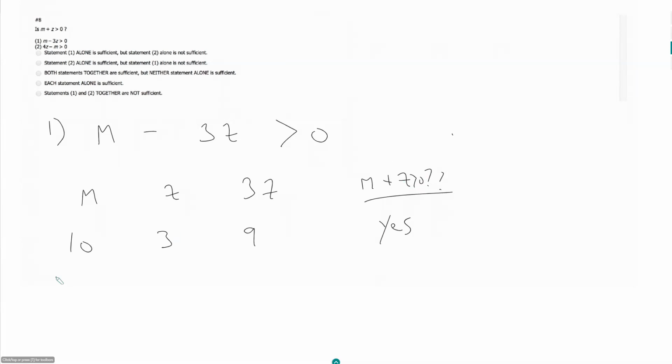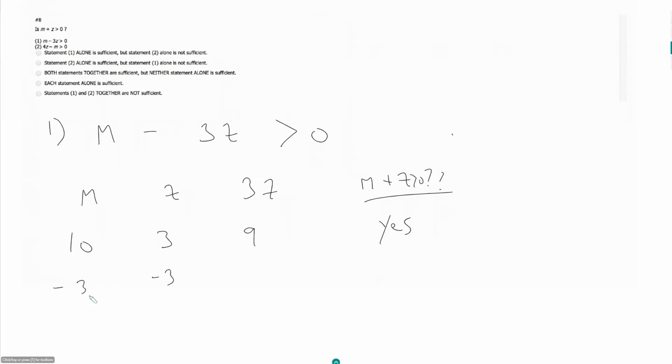So let's say I make m negative 3, and then I make z also negative 3.